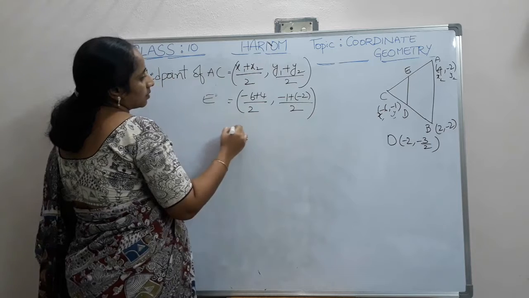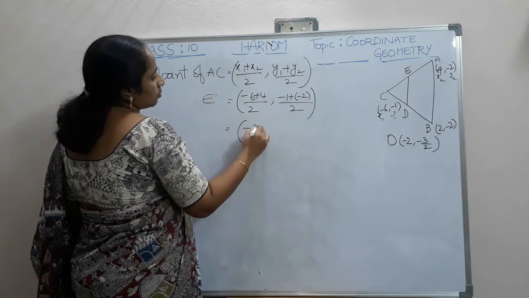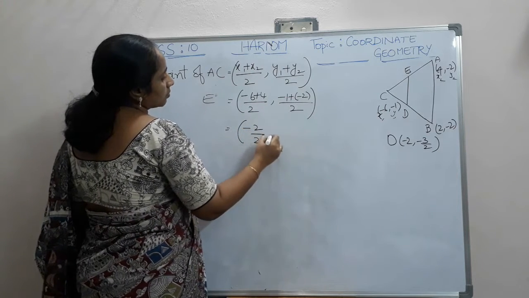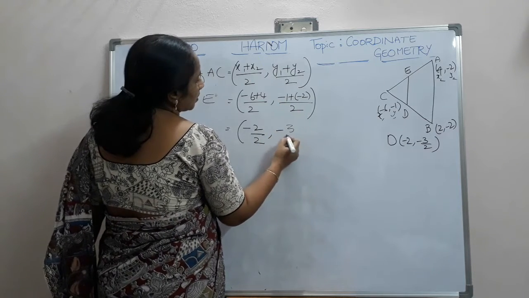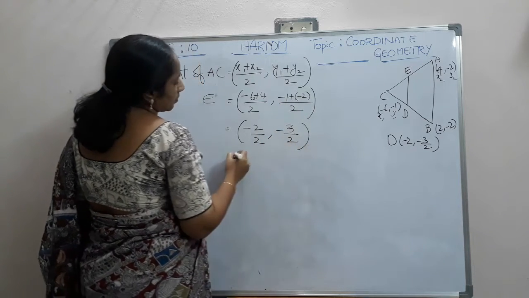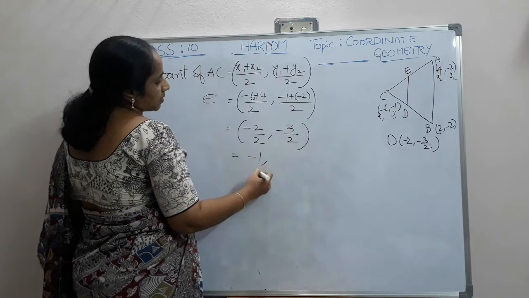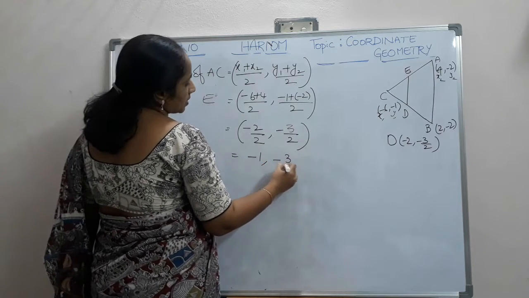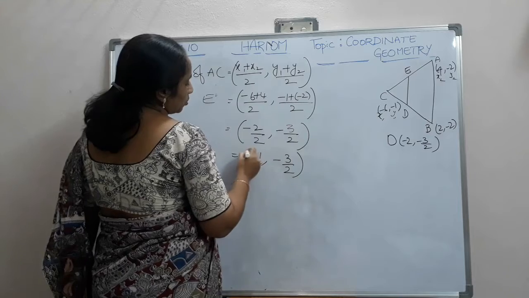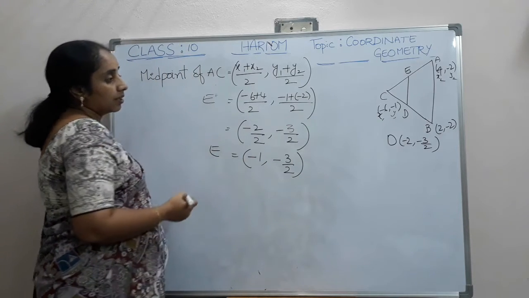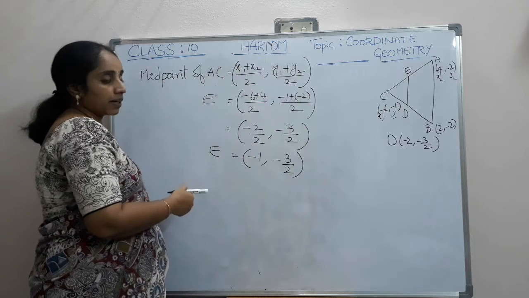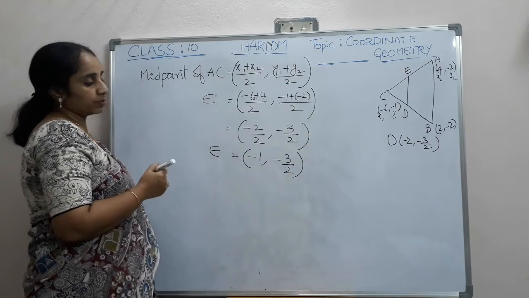That is minus 2 by 2, minus 3 by 2. It is minus 1, minus 3 by 2. So, the coordinates of E are minus 1, minus 3 by 2.